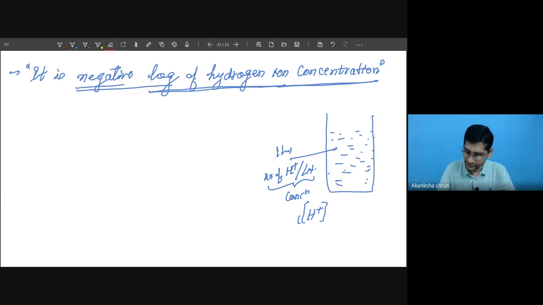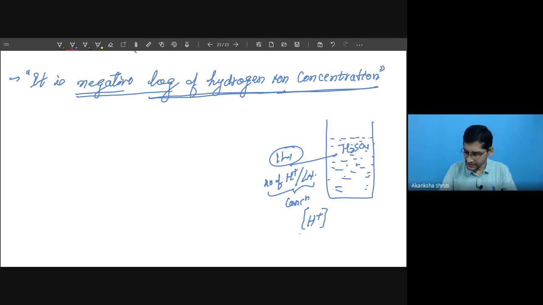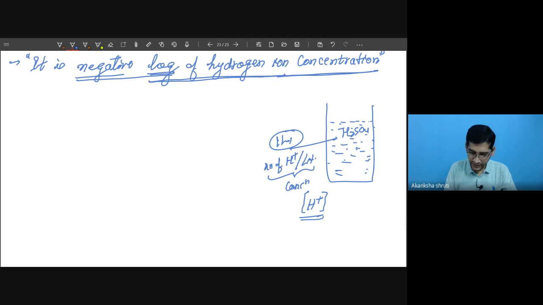So concentration simply means you take the solution, it may be H2SO4 or any acid, of 1 liter, and how many hydrogen ions are in this 1 liter of solution gives the concentration. It is simply a number. Now this concentration has to be attached mathematically with the log, and there we even have to put a negative sign.